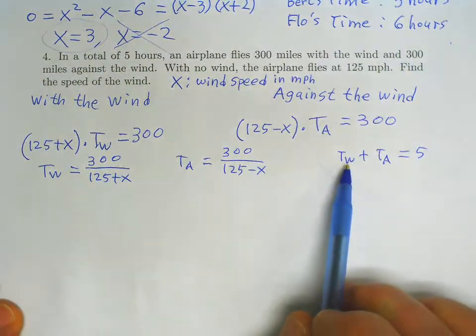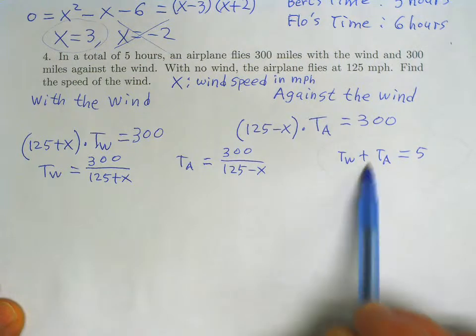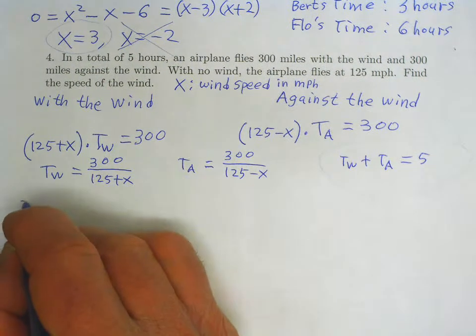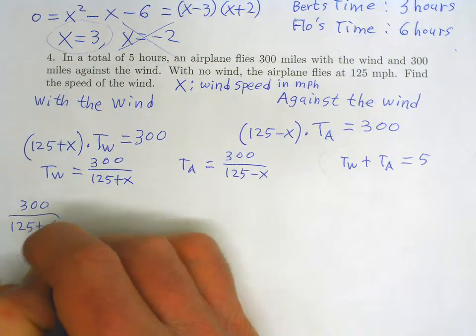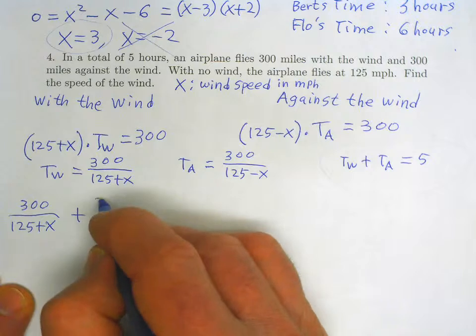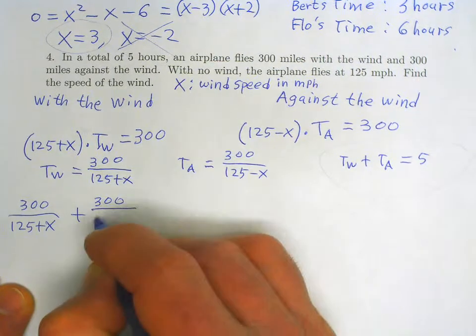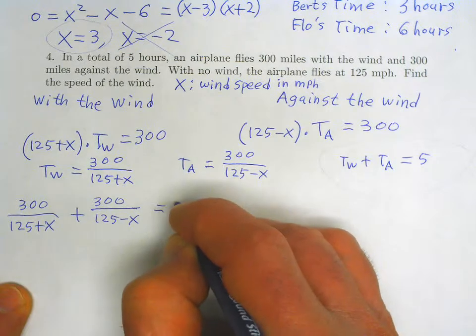And then in this equation, t sub w plus t sub a equals 5, we replace t sub w with 300 over 125 plus x. We add that to the other amount of time, which is 300 divided by 125 minus x, and the total is 5 hours.